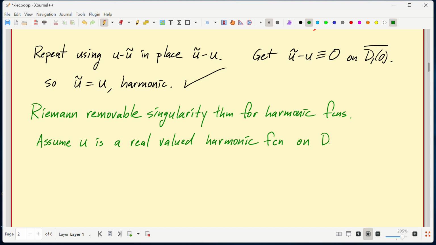So D_r about z naught minus z naught, that is bounded on a punctured disk like that.